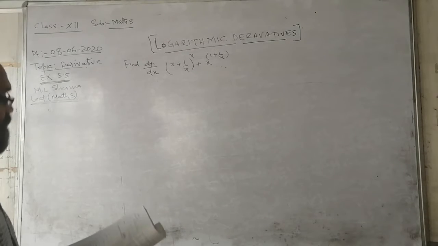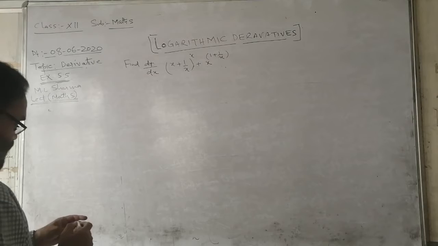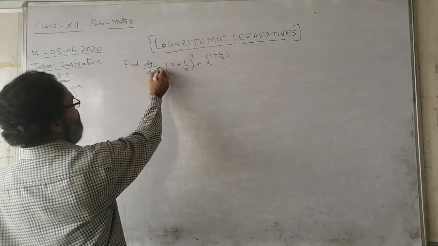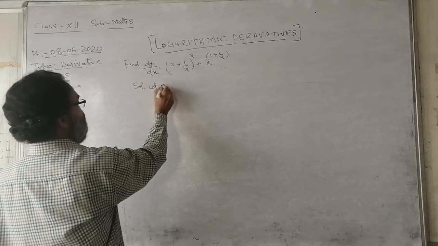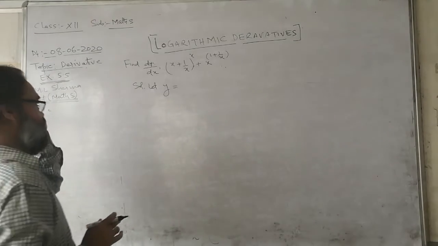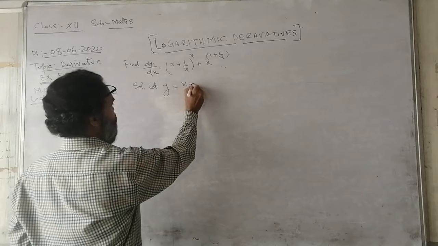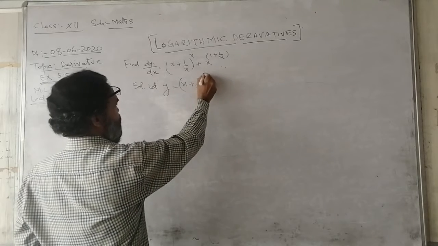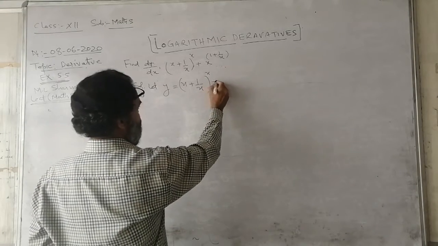So we have to find dy upon dx of this question. So for this, let us suppose this given function is equal to y. That means y equals x plus 1 upon x raised to power x plus x raised to power 1 plus 1 upon x. This is equal to y.